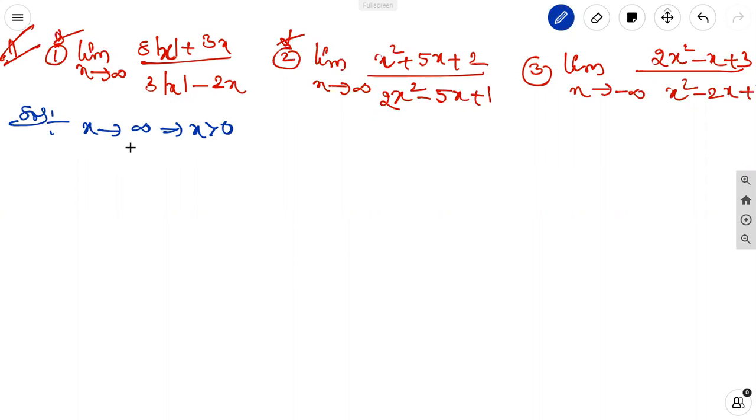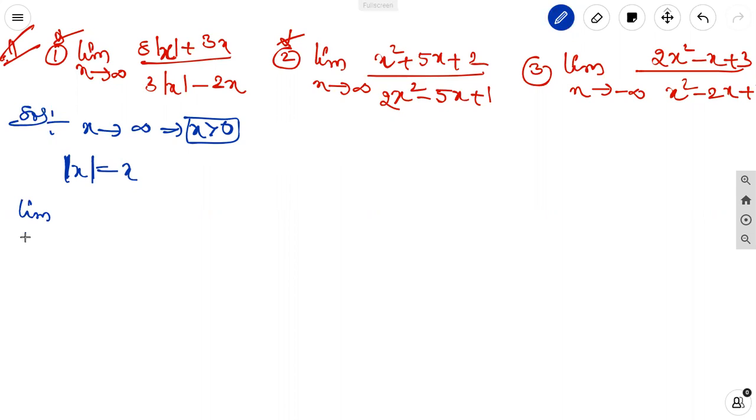So in this, for mod x we are taking x only. Why? Because x goes to infinity. On the number line, when it goes to infinity, the x values are on the positive side. So the condition is x greater than 0. When it is greater than 0, we can take the relation mod x is equal to x.